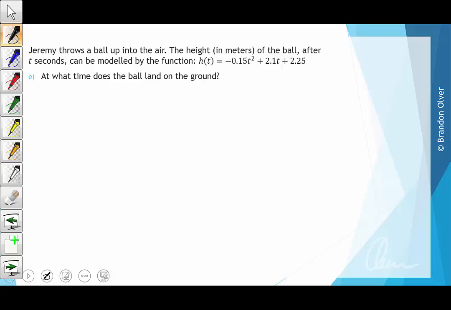In part E, we want to know at what time the ball lands on the ground after Jeremy's thrown it. So the ground is defined as a height of 0. So what we want to do is work out when this function, negative 0.15t squared plus 2.1t plus 2.25, equals 0.